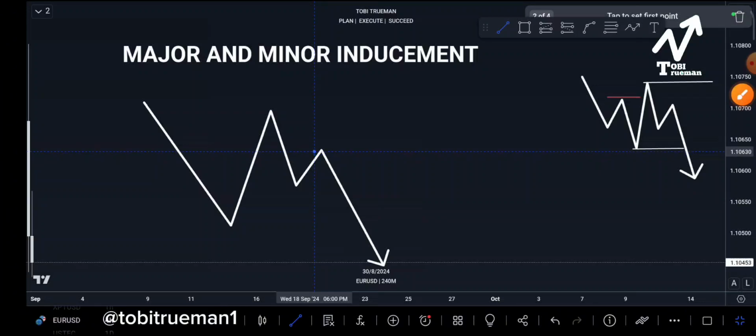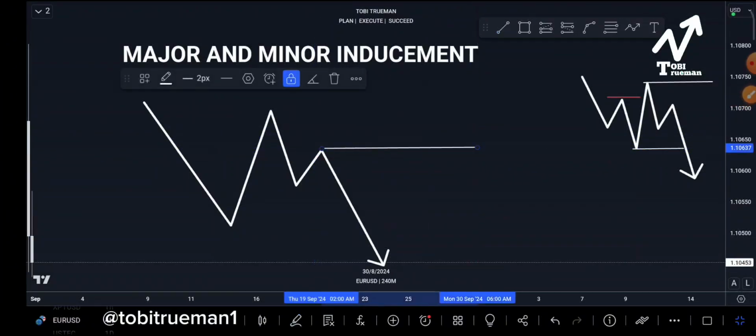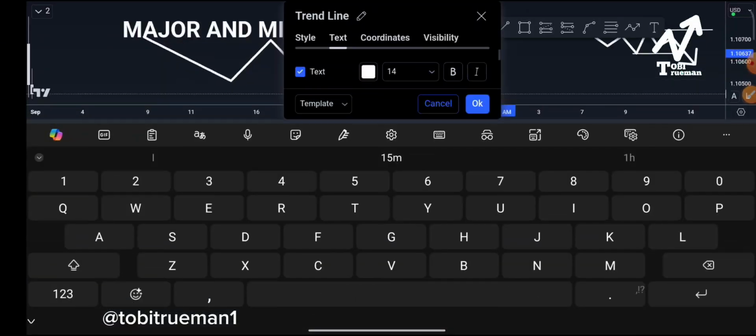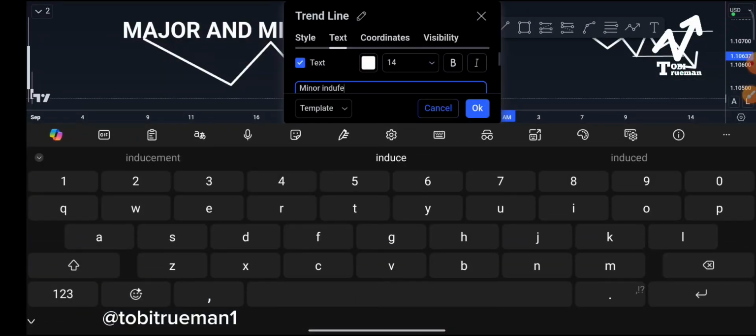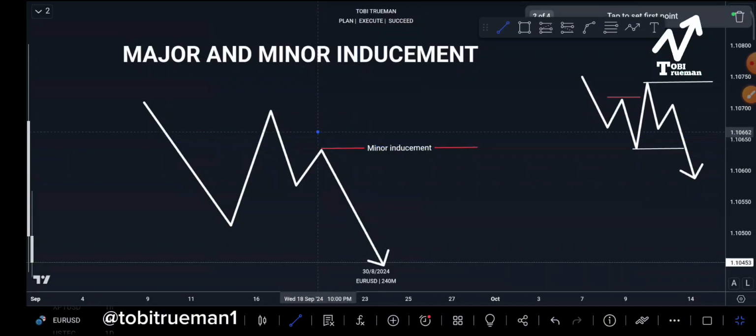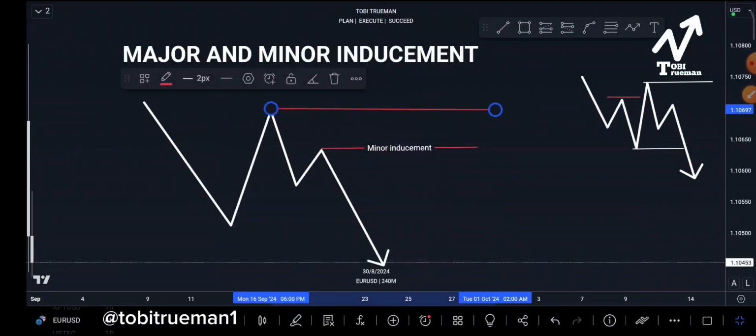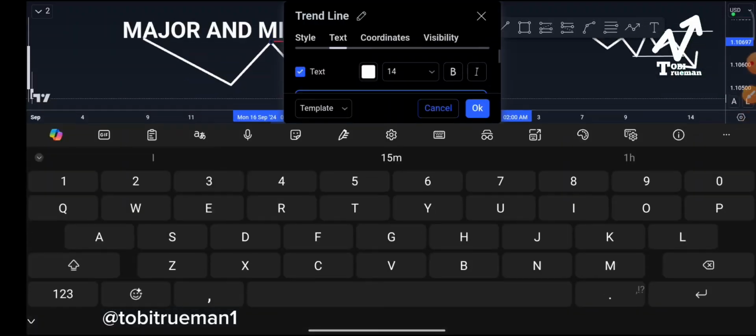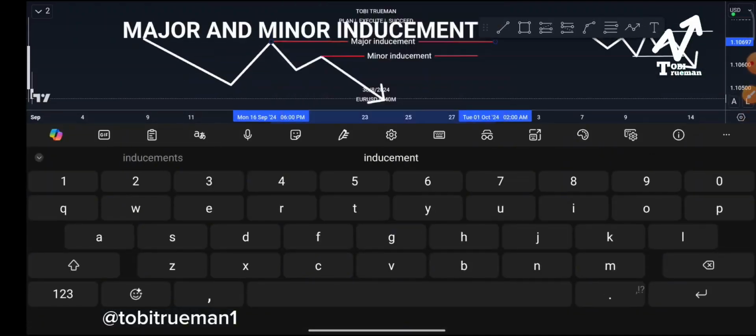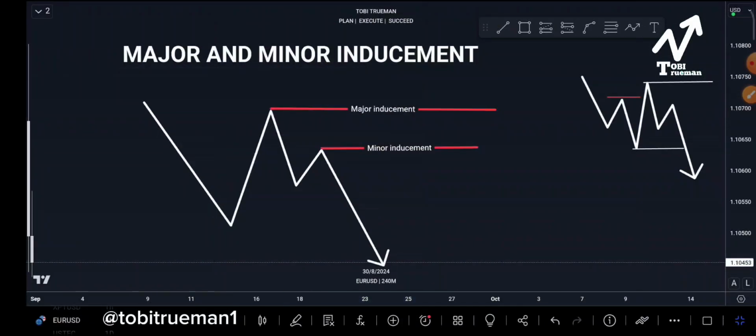So this first point here, we can consider it as our what? Price will come to this point. This point here will be considered as our first minor inducement. Then the other one here is going to be considered as our major inducement. So I hope you are getting it.